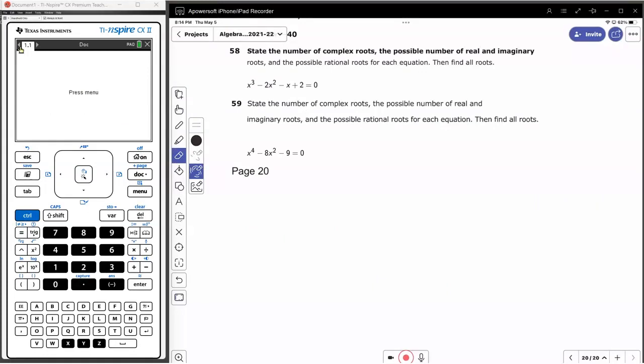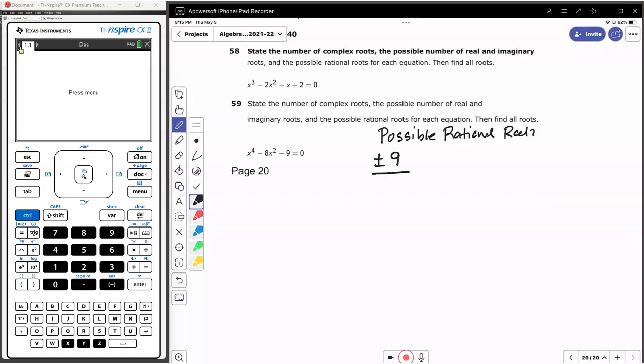We're going to go ahead and state the number of possible rational roots. Remember that you have to find the possible rational roots. It's going to be the constant over the leading coefficient, the factors.